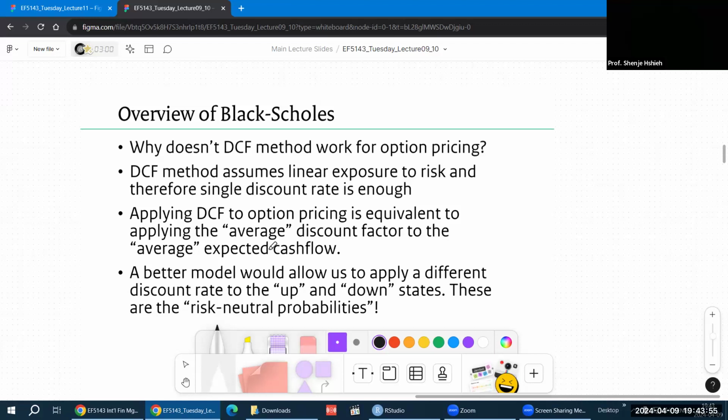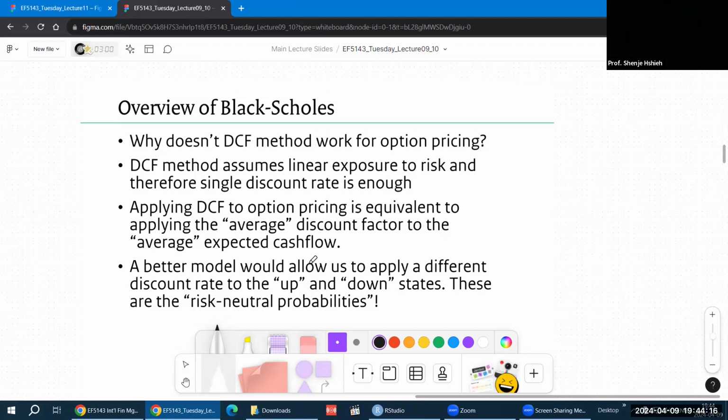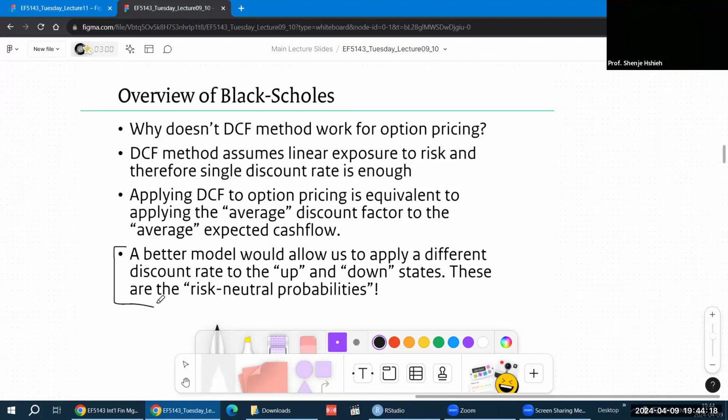If you have a so-called complete market, where every asset pays off something in some states of the world, you can price any asset. And that's where option pricing deviates away from CAPM. It's looking for these state conditional discount rates. So this is what the last bullet point here is.